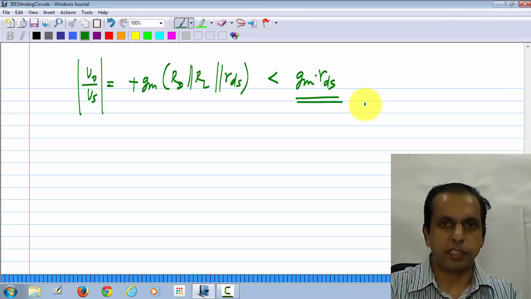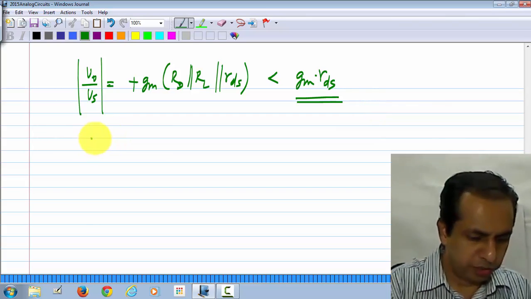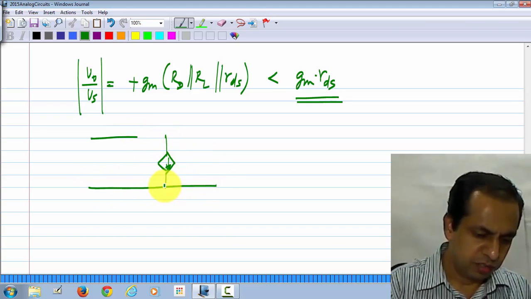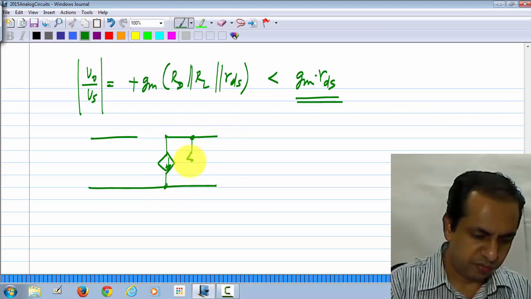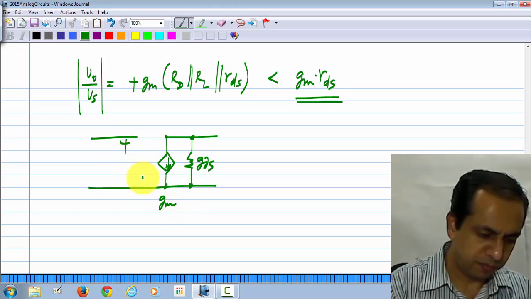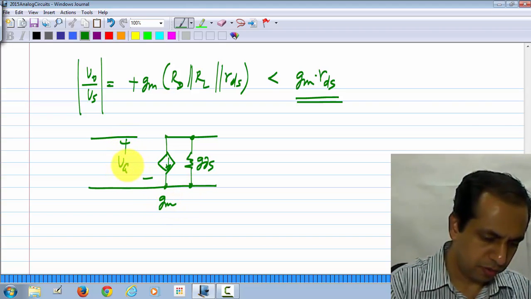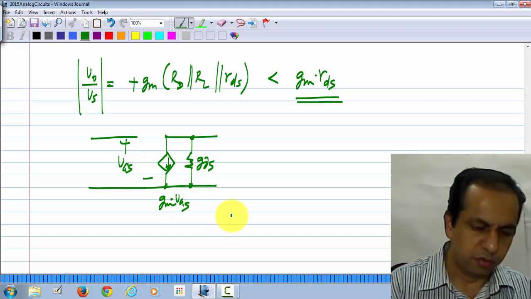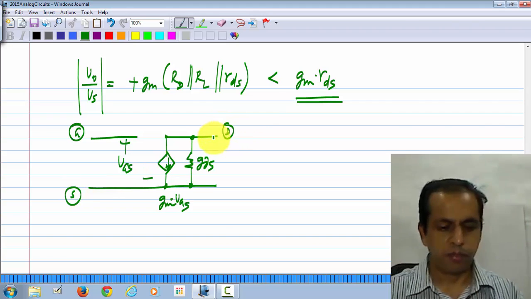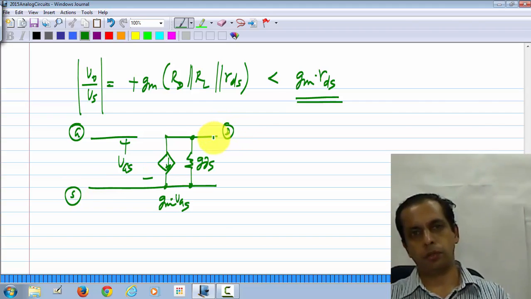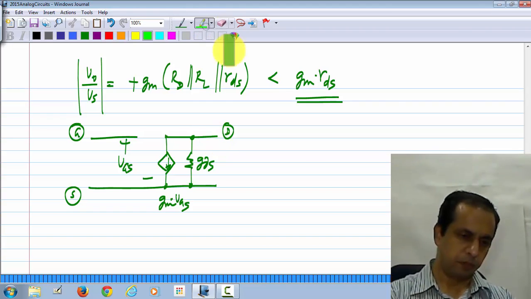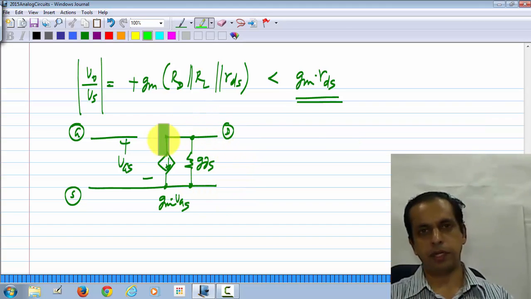Okay. And this is anyway obvious if you look at the small signal picture of the MOS transistor, including the output conductance GDS or output resistance RDS. Now, this is GM VGS, gate, source and drain, and let us say that somehow we are able to establish the correct operating point in the MOS transistor without any extra component appearing anywhere.